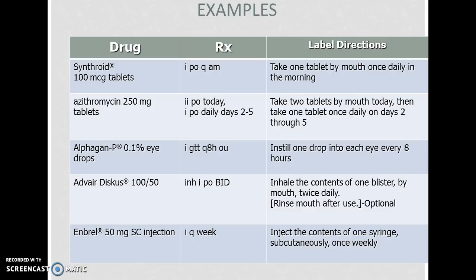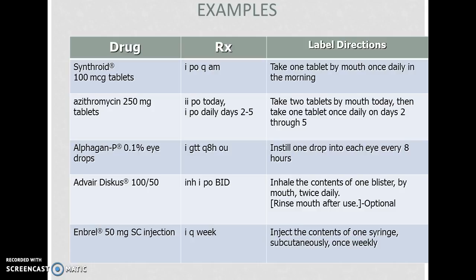All right, let's look at some examples associated with a particular prescription that you may find. If you're looking at this drug named Synthroid, it's 100 mcg tablets, i PO QAM. So what does that mean? Take one tablet by mouth once daily in the morning.